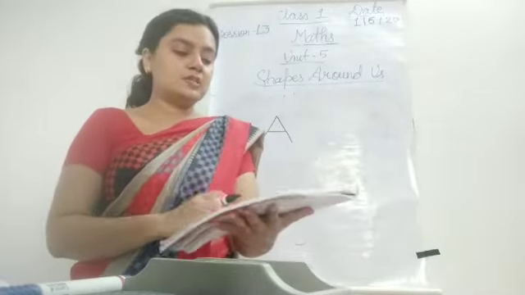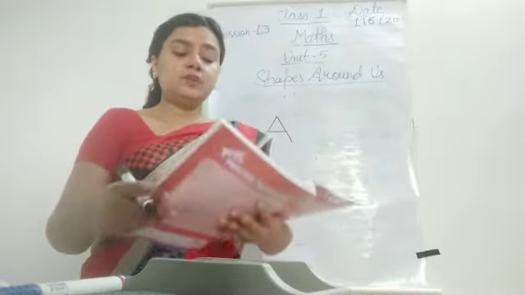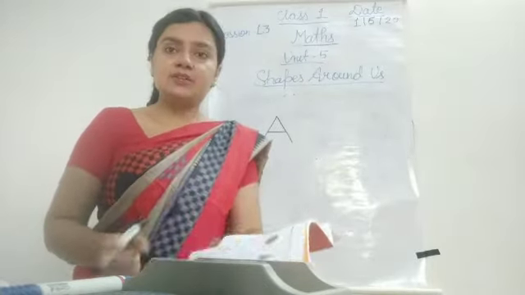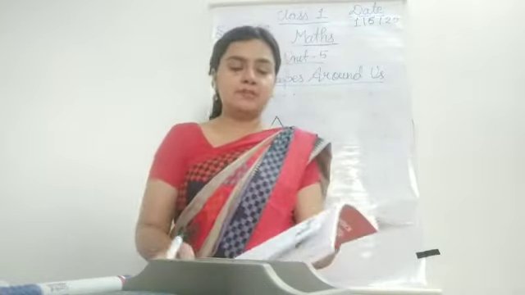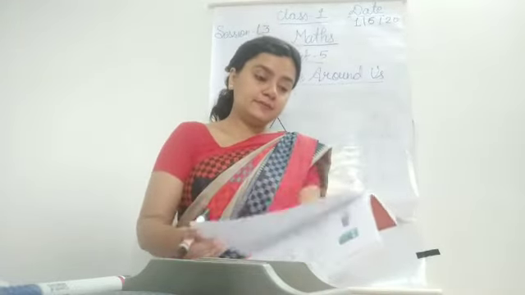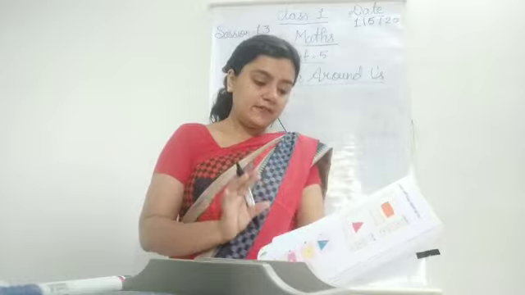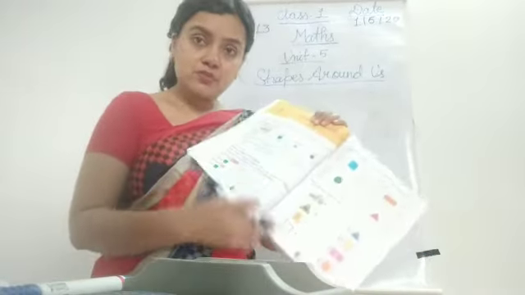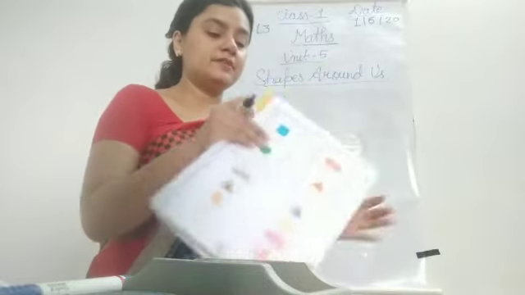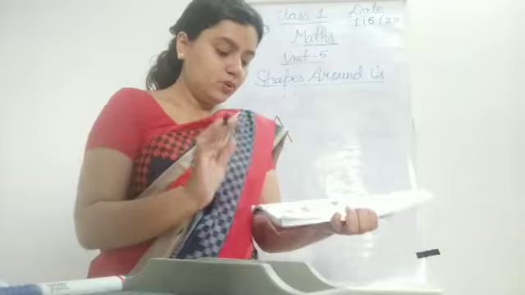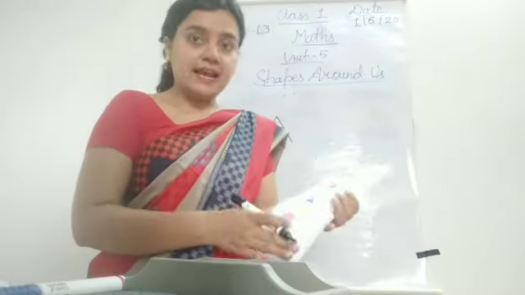This is your homework. In our next session we will read about solid shapes. In our previous session, two homeworks we had already done; two more you have to do here.